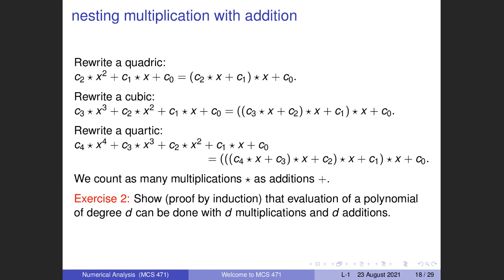And now I get to the computer science part, to the divide and conquer. So you actually see that the nesting, this is the symbolic way of doing this, is that if you go from a quadratic to a cubic, you multiply everything by x, and you add the next coefficient to it.